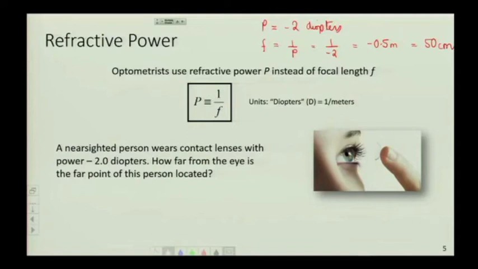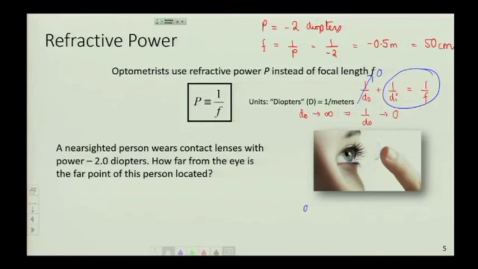So what is your far point? That is your far point, okay? Because remember, our equation to get the far point was 1 over object distance plus 1 over image distance is equal to 1 over F. What I want my object distance to be is infinite. So this gives me that 1 over my object distance goes to 0. So then what I have left, if this goes to 0, is that I have 1 over image distance is 1 over F. But what is my image distance in this case?